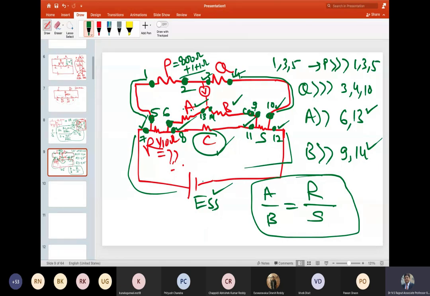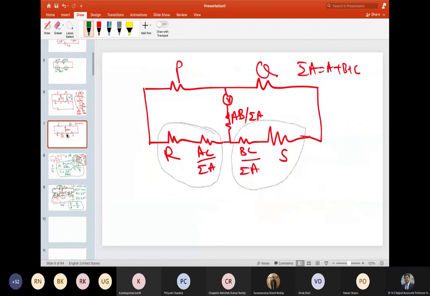So this is what we had to talk about, right? And here you can also see that basically what was C, you might have observed that this was on one side, you see this is AC by sigma A, on this side BC by sigma A, right?